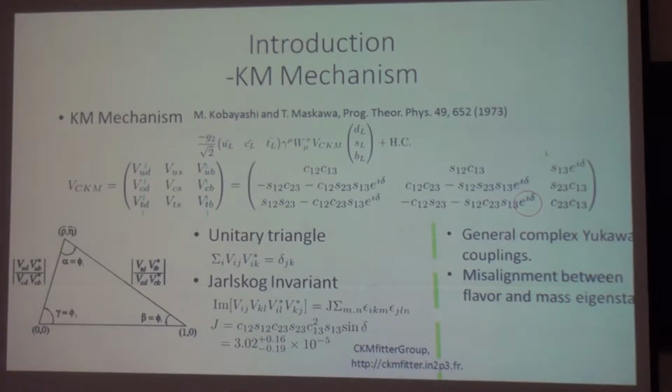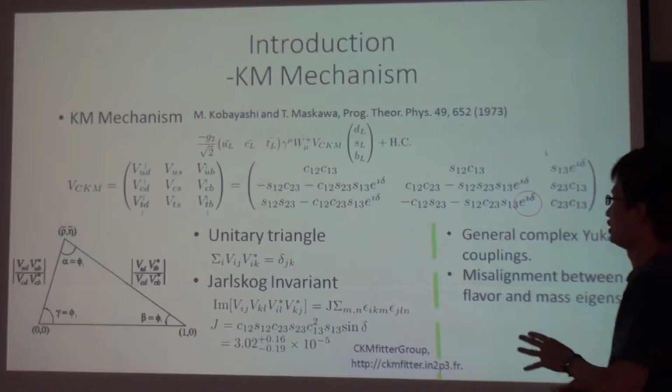The first is the general complex Yukawa couplings. Because the Yukawa coupling is complex, so we can have such a complex term. And we need the misalignment between the flavor and the mass eigenstates, which later we can introduce as the CKM matrix.